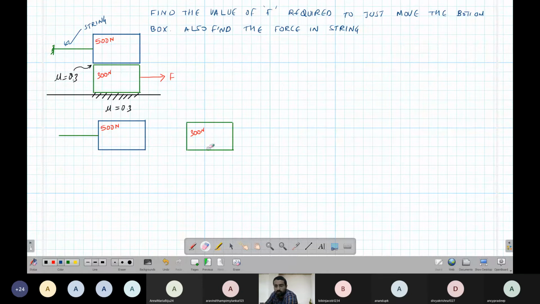Right. So this 300 is acting downward. Okay. So there's a force here, F, acting rightward. We have a reaction from this bottom. Okay. So we have a reaction here. So that I'll draw here. Or maybe I'll draw here. So just give me a moment.